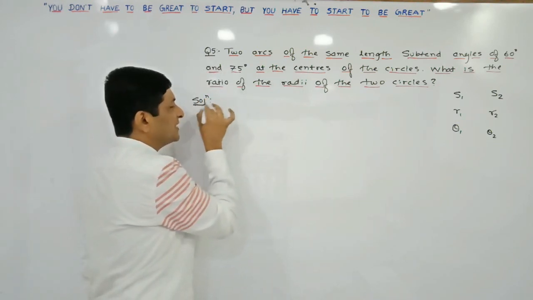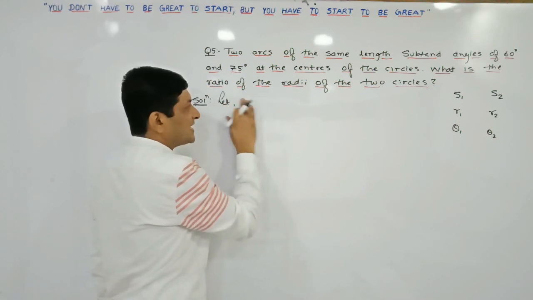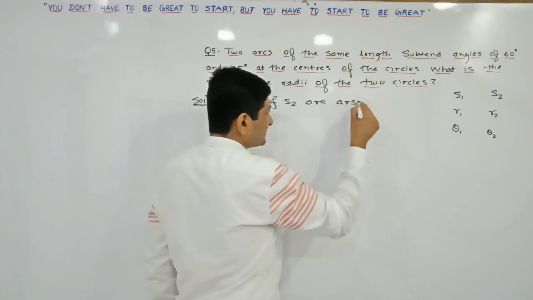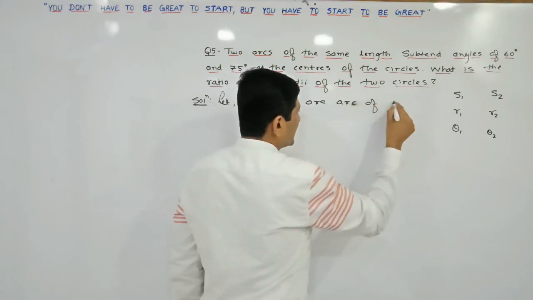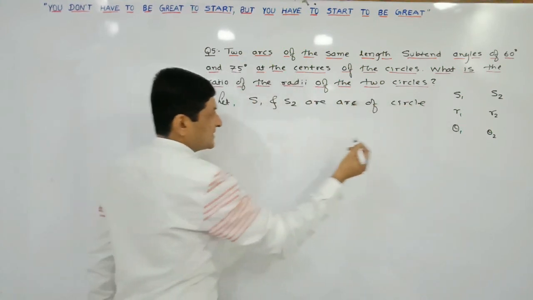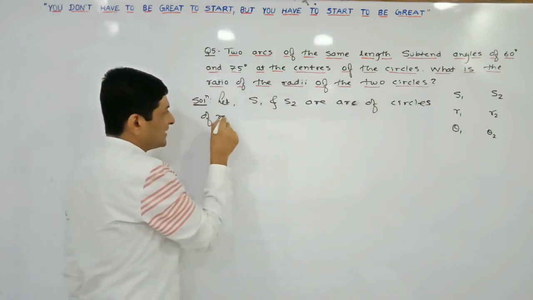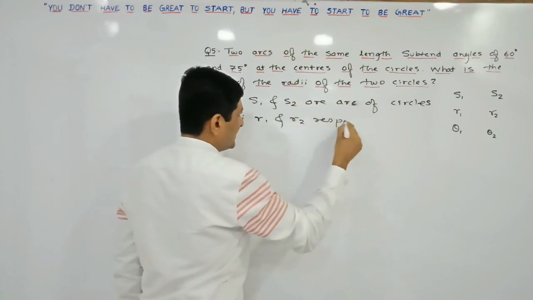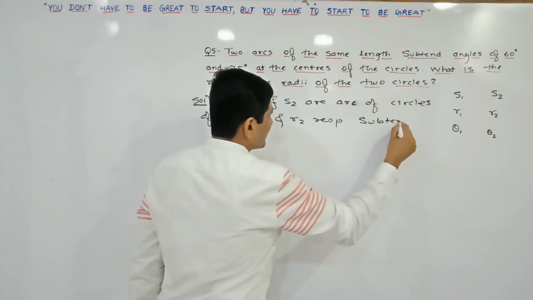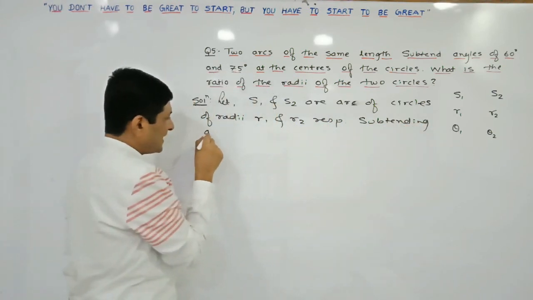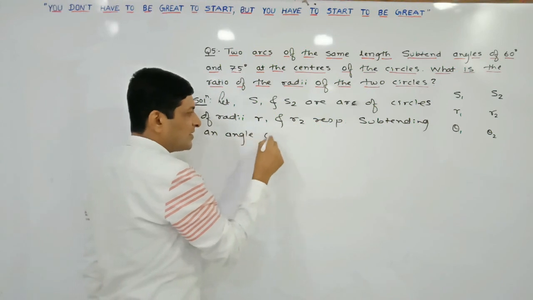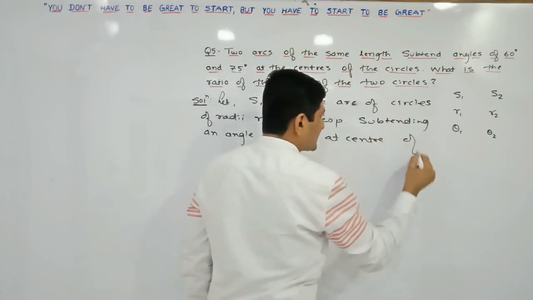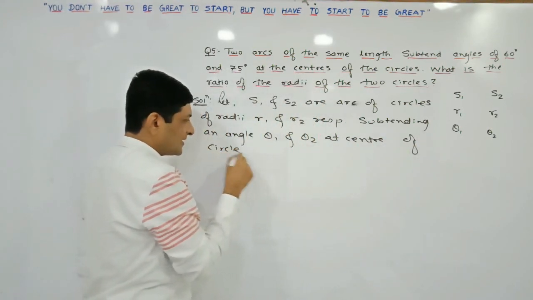So we are supposing here that let S1 and S2 be arcs of circles of radii R1 and R2 respectively, subtending angles theta 1 and theta 2 at the centers of the circles respectively.